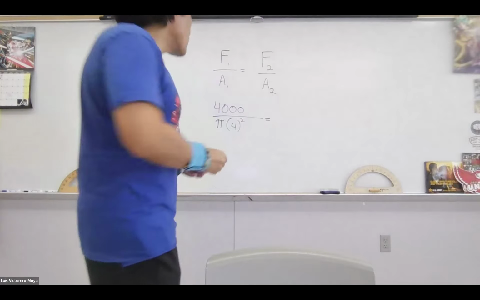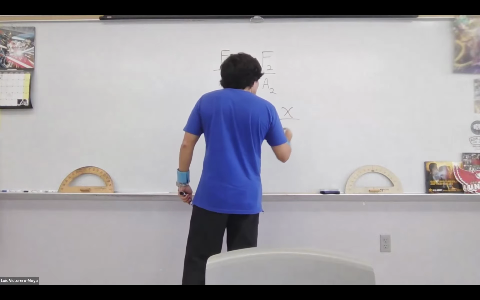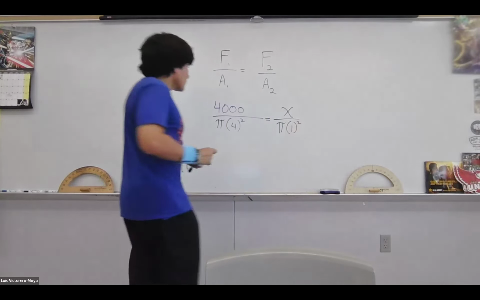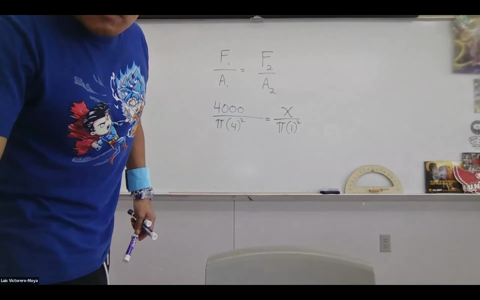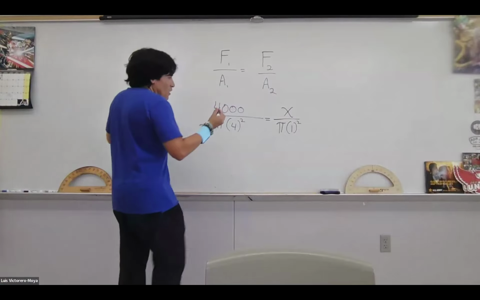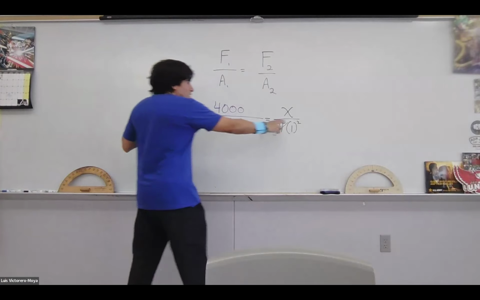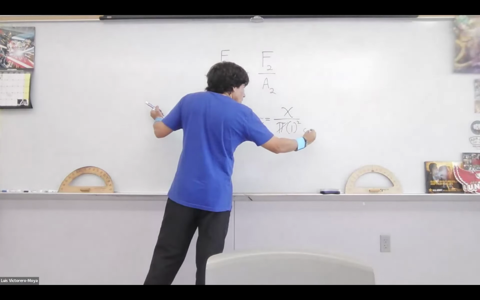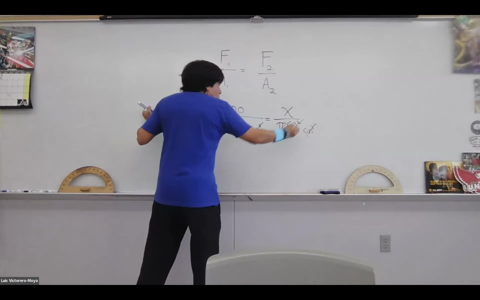What should be the force in the radius of 1? There. Look. Oh yeah, you were looking at it. So pi centimeter square, right? Here it will cancel. So 1 square is just 1.